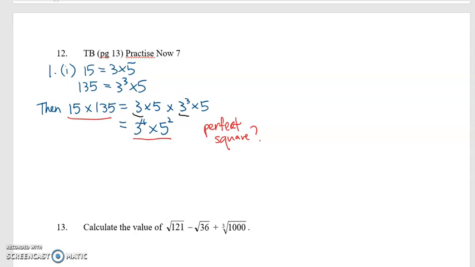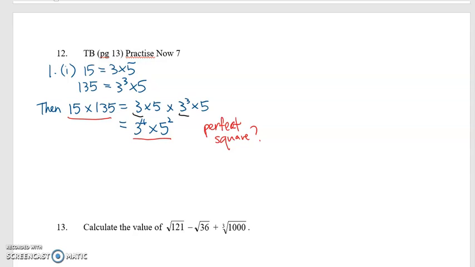How do we know that a number is a perfect square? It's a perfect square if we take the square root of that number and we can actually get a whole number. Or if we can write it as something to the power 2. Then we know that that number is a perfect square.